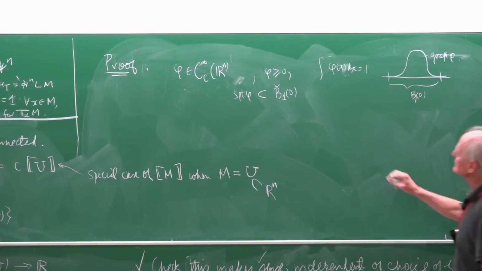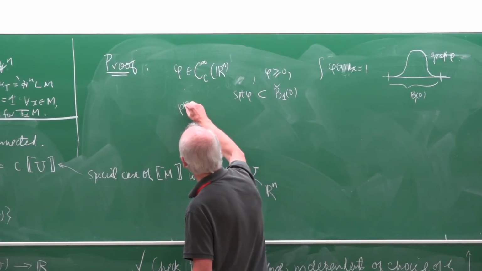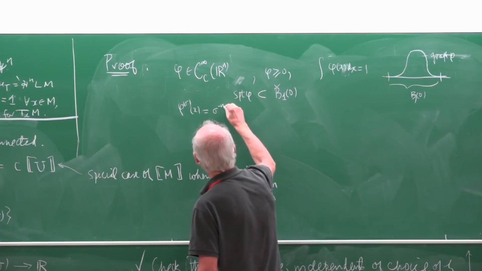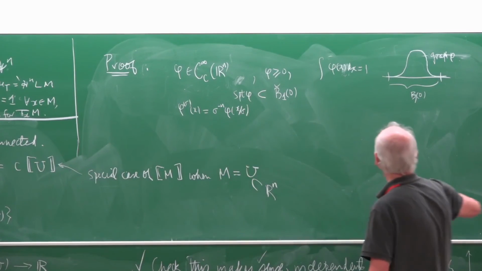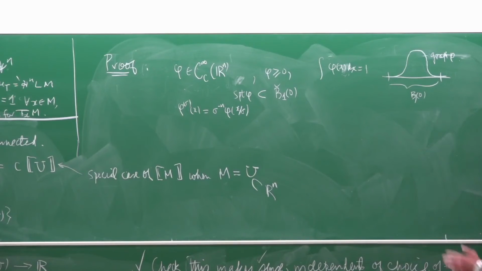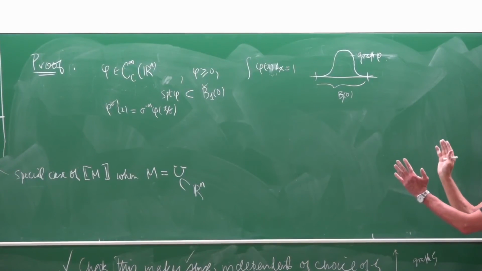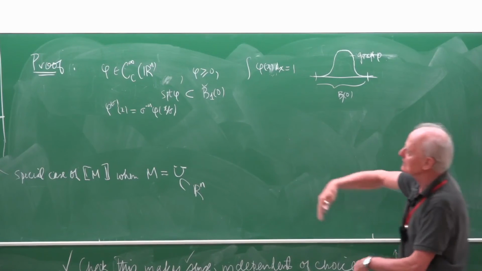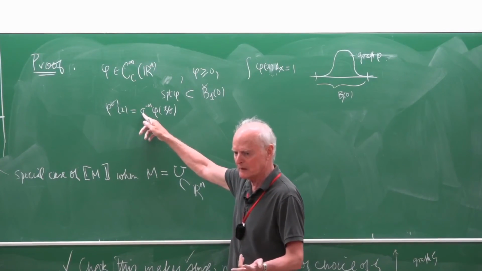Then you can rescale that function. Phi sigma of x is sigma to the minus n phi of x over sigma. Now that has a similar shape, but everything's compressed to live in the ball of radius sigma instead of the ball of radius 1. It's also multiplied by this large factor, sigma to the minus n. Think of sigma as being small, that's the important case.